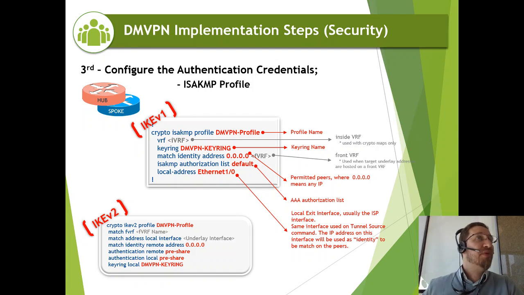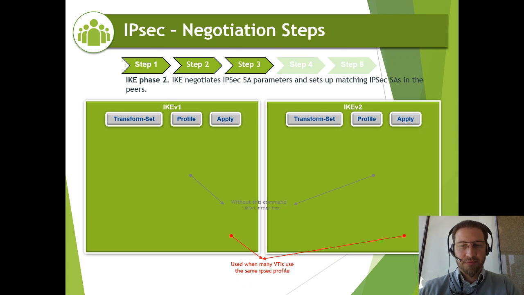Pay attention to the permitted peers, where 0.0.0.0 means any IP. The local address is the ISP interface, the same interface used on the tunnel source command. So the IP address on this interface will be used as the identity to be matched on the peers.